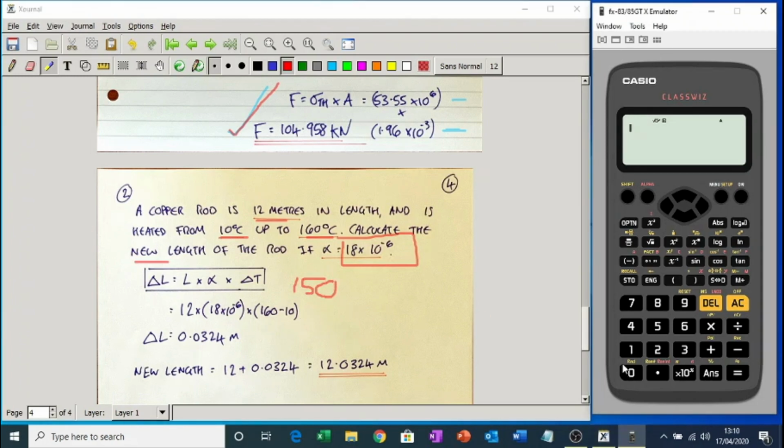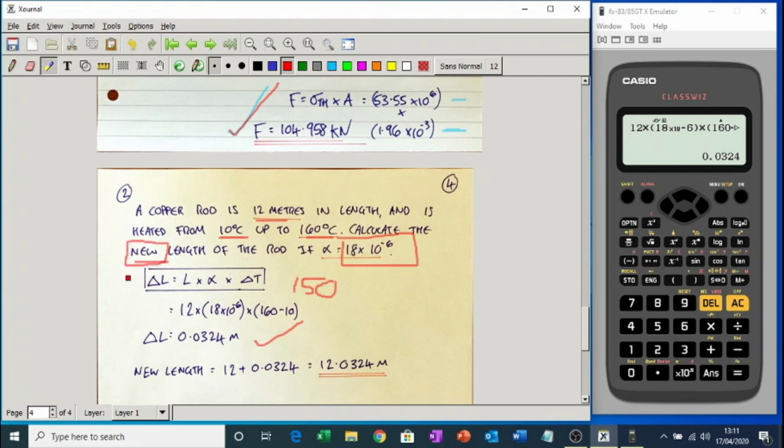So 12 times by 18 to the minus 6 times by 160 take away 10. Close that, gives me 0.0324. So that's the change in length in meters.